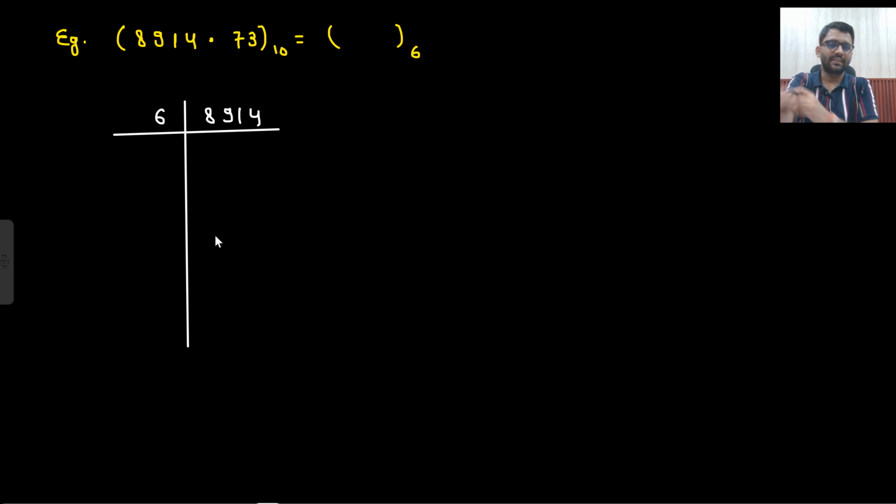I will divide by 6. 6 1 is 6, 6 4s are 24, 5, 48, 3, 4. Let me confirm it. 485 into 6 plus 4. Okay, divide again by 6.